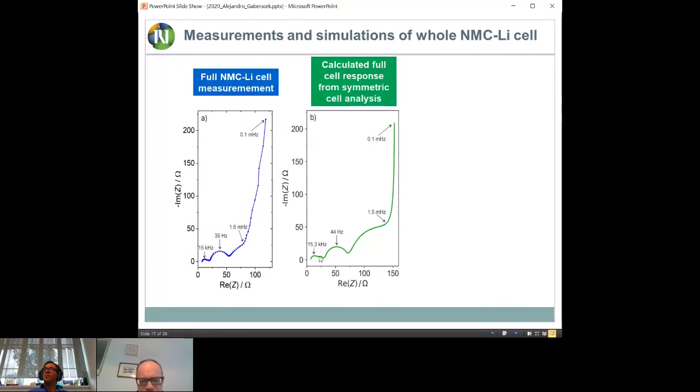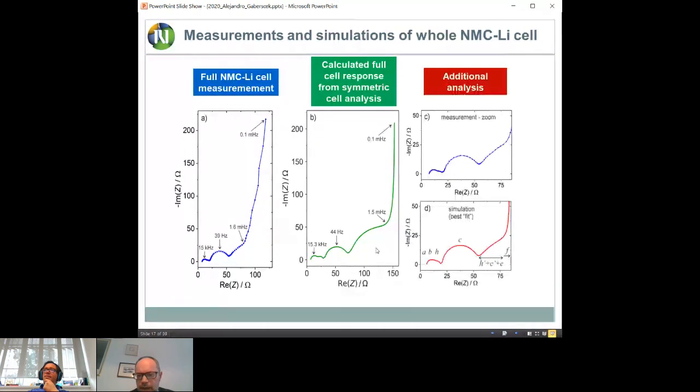This feature is a bit bigger, this is also a bit bigger, but even the frequencies are matched quite well. Not exactly, but quite well. So it works somehow. You can predict the full cell response from symmetric cells. And of course, with some polishing of your model, you can fit the full cell to every detail as necessary.